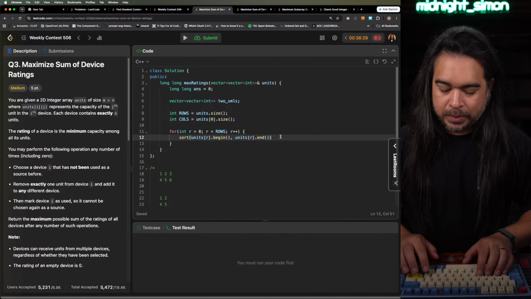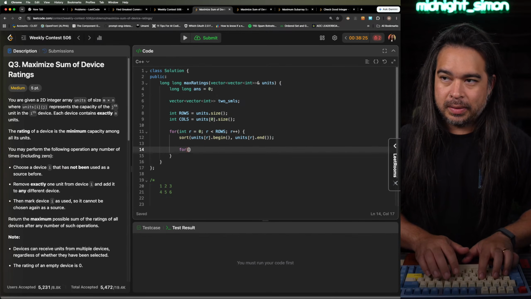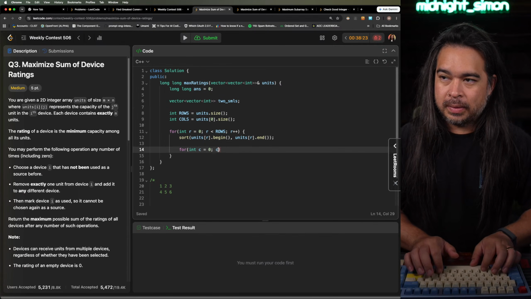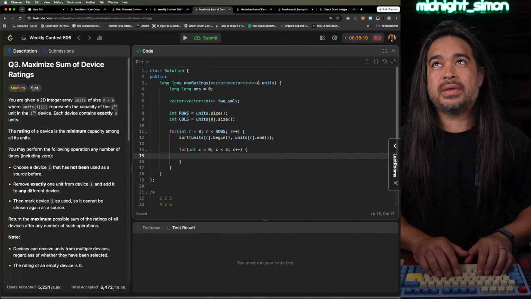Alright, so I sort that row. And only the first 2 things I care about.